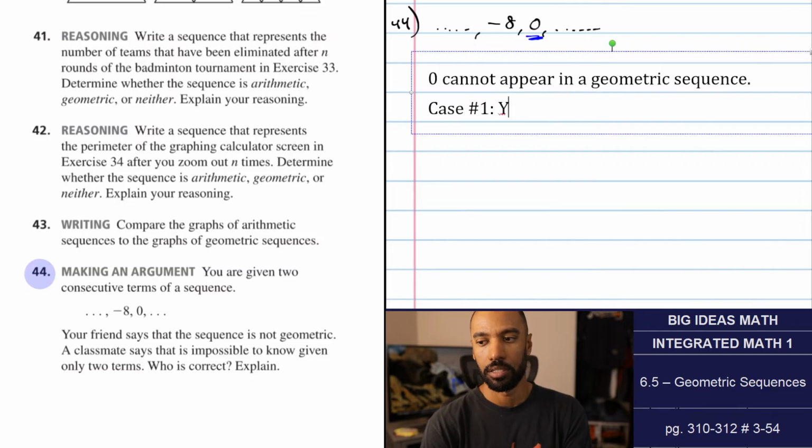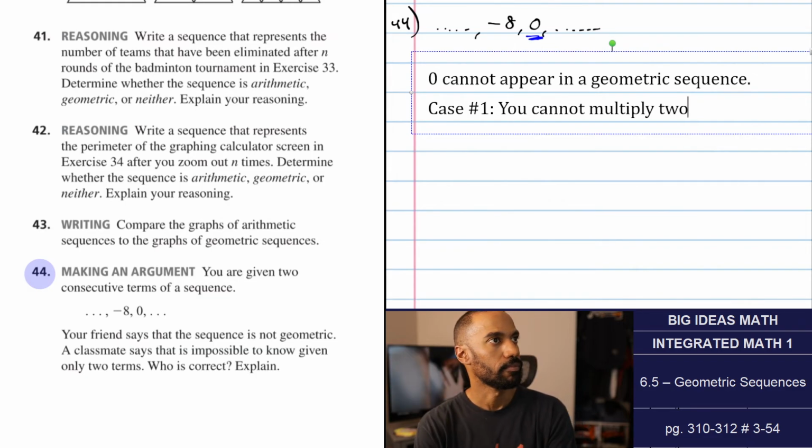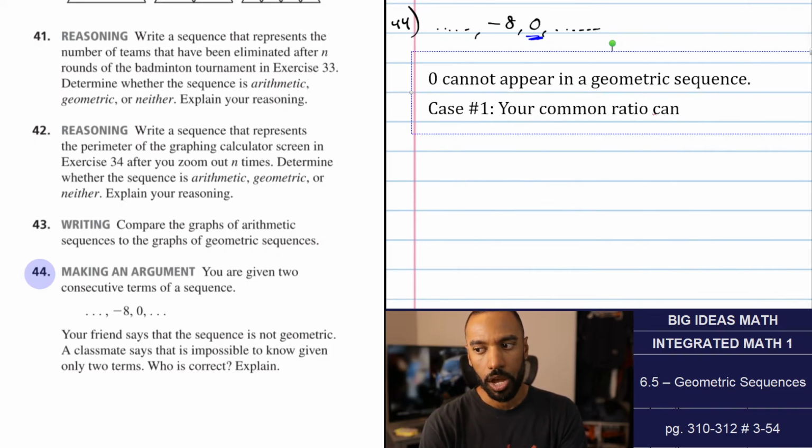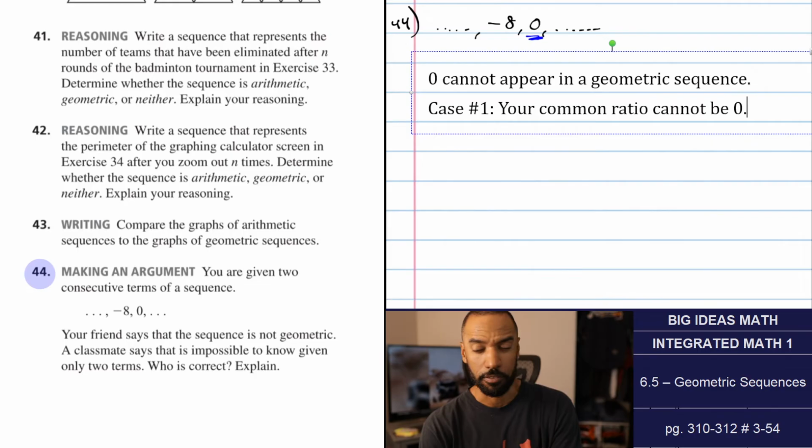Okay, let's start right here. Your common ratio cannot be 0. If it was 0, all your numbers would be 0 after the first term, even if your first term was 0.